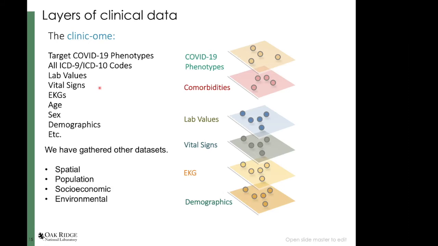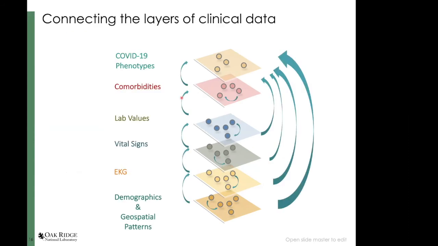So now we're using these Explainable-AI algorithms across clinical information and demographic information to try to find connections within and across these layers that are predictive of COVID-19 phenotypes and outcomes. And we're already finding fascinating insights both into comorbidities and some surprising comorbidities we wouldn't have thought of without these Explainable-AI approaches.